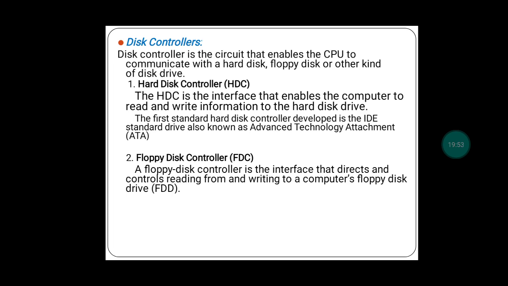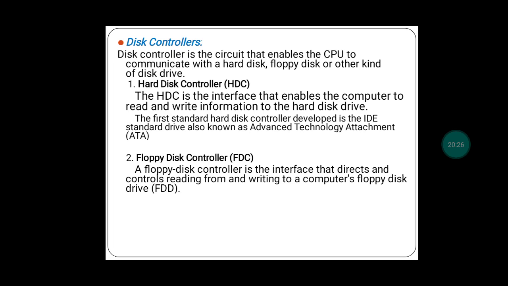Floppy disk is also one of the secondary memories which was used to store data. So the floppy disk controller is also an interface that directs the control of reading and writing to the computer's floppy disk drive. This controller is an interface which is used to read, in a sense view, the data from a floppy disk and store or write the data onto the floppy disk drive.